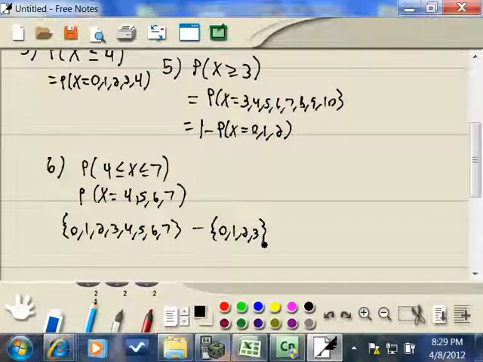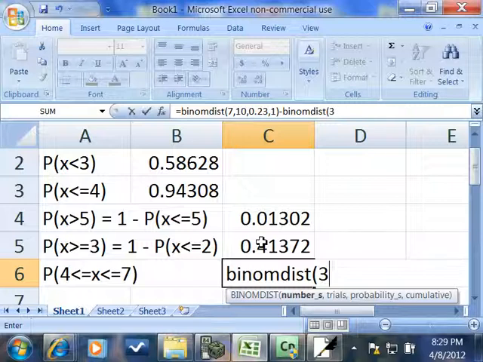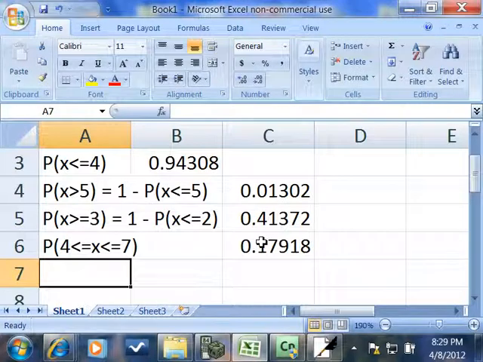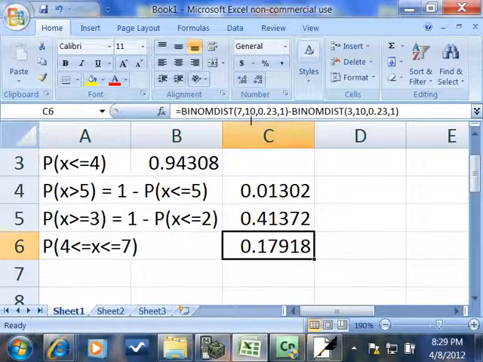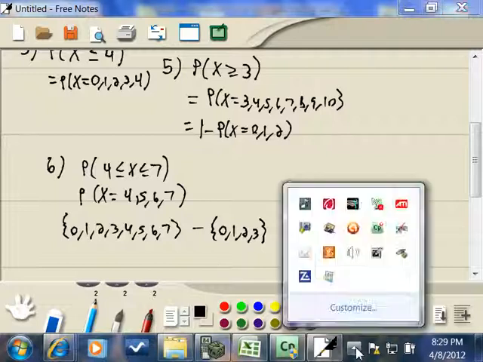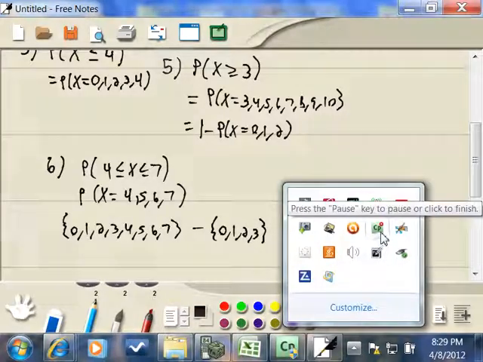Then our second one ends at 3, so it goes from 0 to 3, 10, 0.23, and 1. And there's our entire formula if you wanted to see it, but that would give us that value. And that's how you would do all of your binomial distributions on Excel, at least 2007.